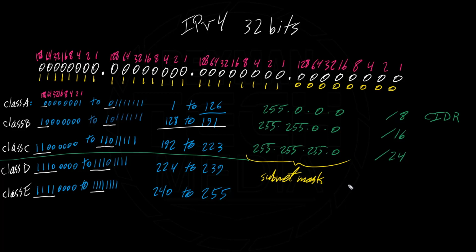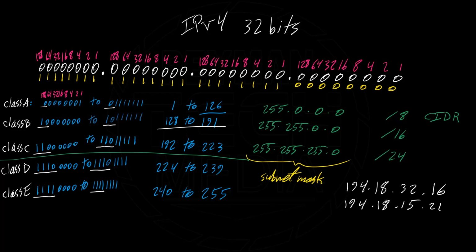Let's say 194.18.32.16. Let me write down another IP address, 194.18.15.21. So if I ask you a question, these IP addresses, what class are they? Very good.